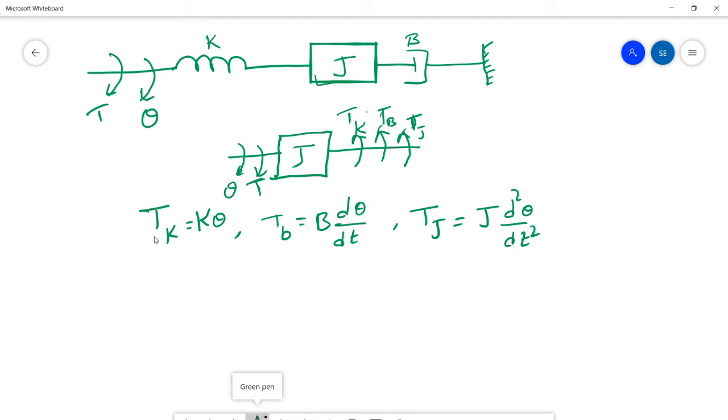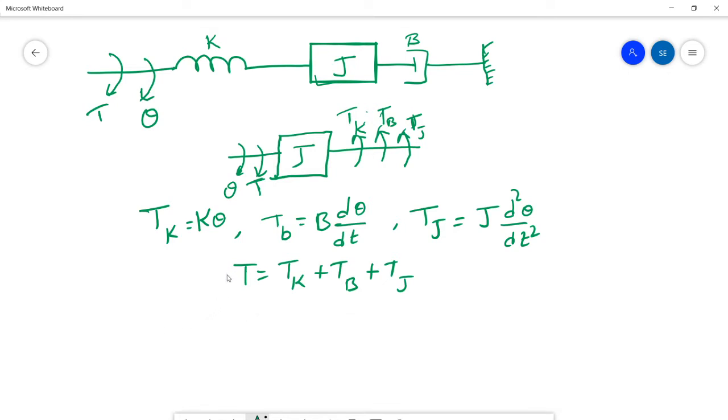So now we have to apply Newton's second law. What is Newton's second law? F equal to ma actually, but since it is torque, by using Newton's second law we have to represent all the torques as summated torques, that is equilibrium torques, right? T is equal to Tk plus Tb plus Tj, right?